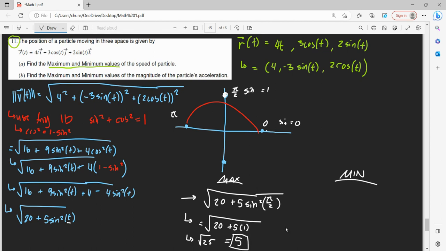Then we do minimum. So minimum, let's just use 0 for simplicity, plus 5 sine squared. Sine of 0, we know that to be 0, so that's just going to be square root 20. And that is our minimum speed and our maximum speed.